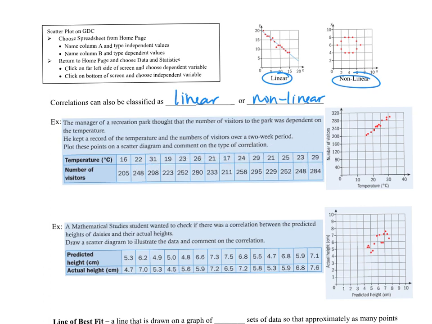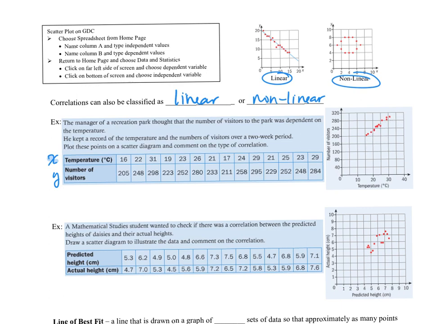So here's his data, and he's wondering if the number of visitors depends on temperature. So temperature would be your independent variable, and number of visitors would be your dependent variable. As you take a look at the graph, there's definitely a correlation, and it's pretty strong and it's positive.